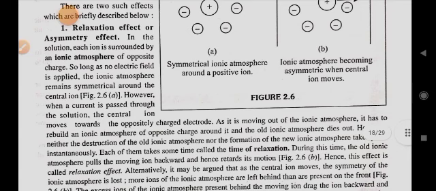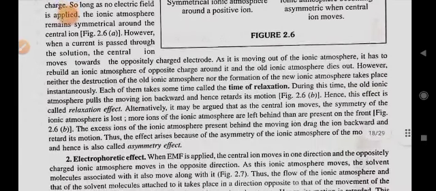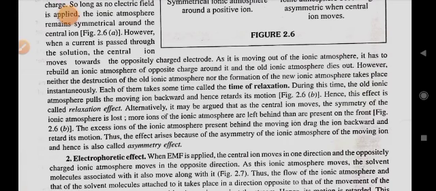Relaxation effect or asymmetry effect. In the solution, each ion is surrounded by an ionic atmosphere of opposite charge. So long as no electric field is applied, the ionic atmosphere remains symmetrical around the central ion. However, when a current is passed through the solution, the central ion moves towards the oppositely charged electrode, so it is moving out of the ionic atmosphere.